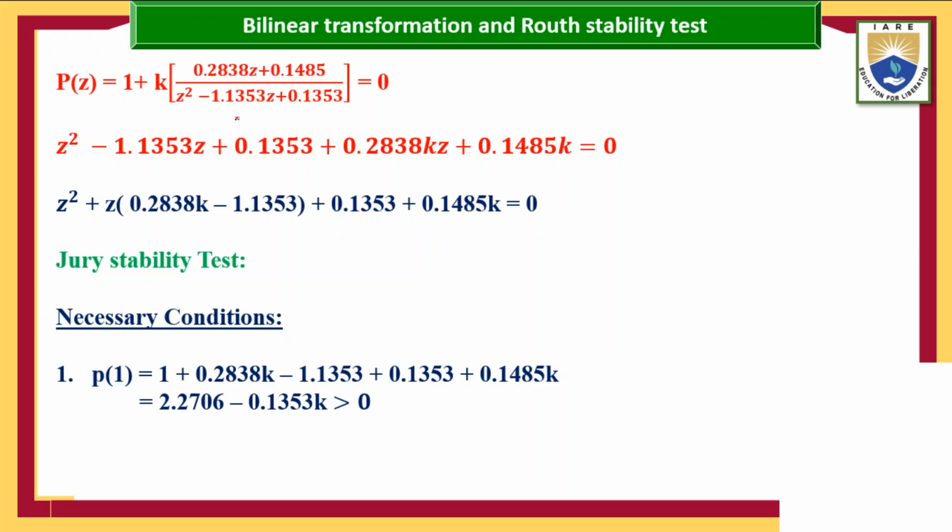Z square minus 1.3 Z plus 0.153, plus this value into K. Arrange the values in order of powers of Z. So, Z square plus Z into 0.2838 K minus 1.13, plus 0.1353 plus 0.1485 K equal to 0.